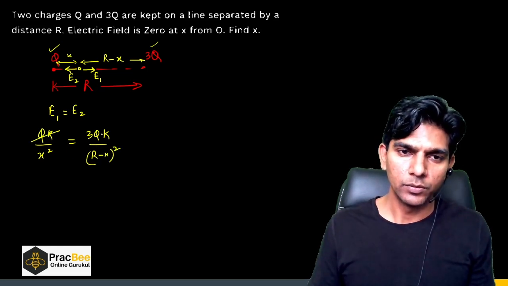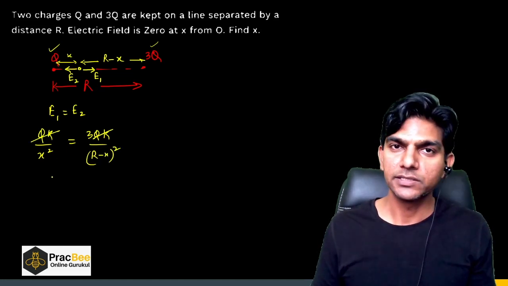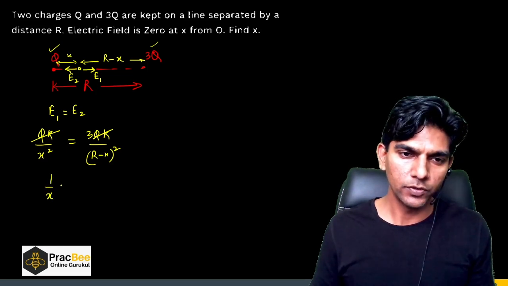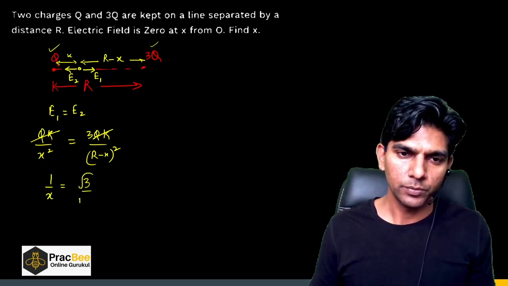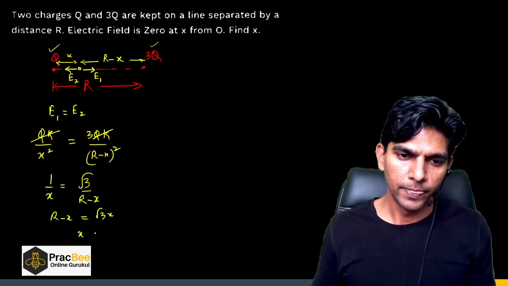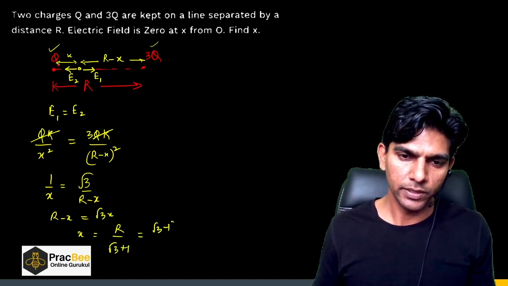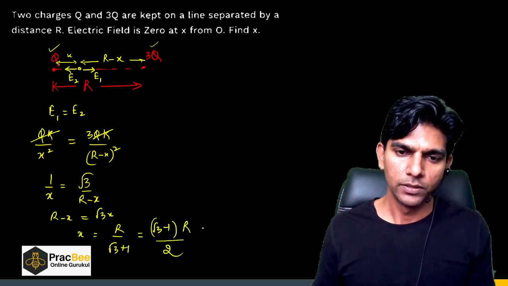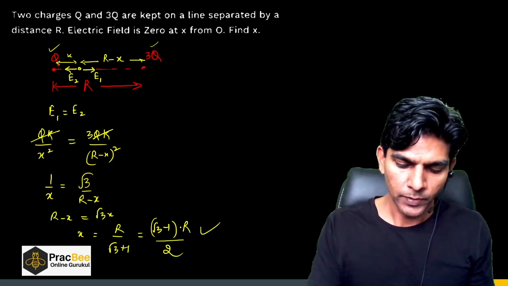Now we can remove qk on both sides. Now let us take the square root on both sides. So this will become 1 by x equals root 3 upon r minus x. So r minus x is equal to root 3 x. So x will be r upon root 3 plus 1, or we can write this as root 3 minus 1 times r by 2. So that should be the answer of this question.